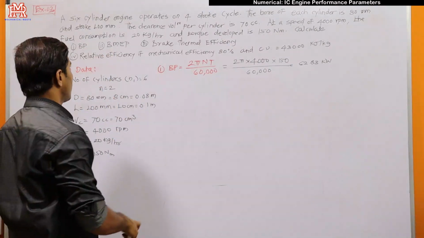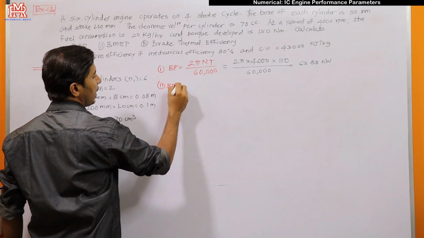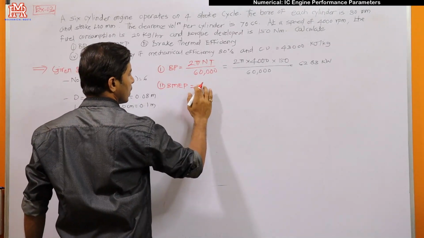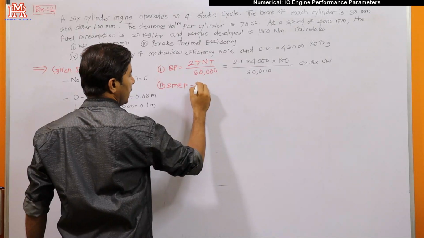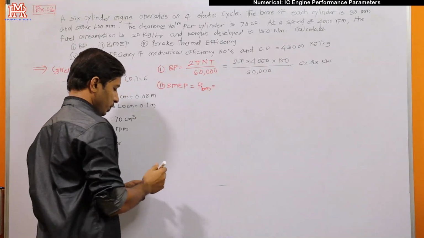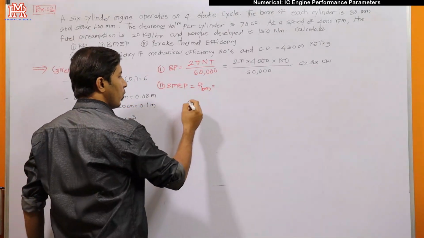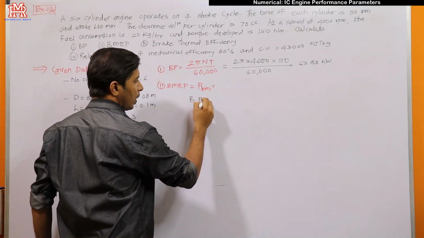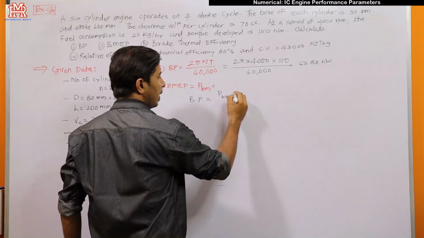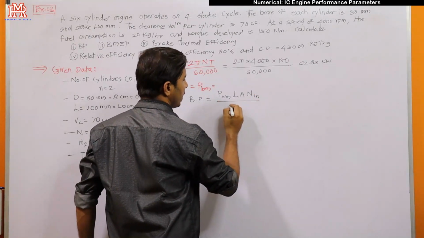Now the second parameter, which is brake mean effective pressure. Brake mean effective pressure, PBM, we can find with this formula: brake power is equal to PBM L A N divided by n divided by 60,000.